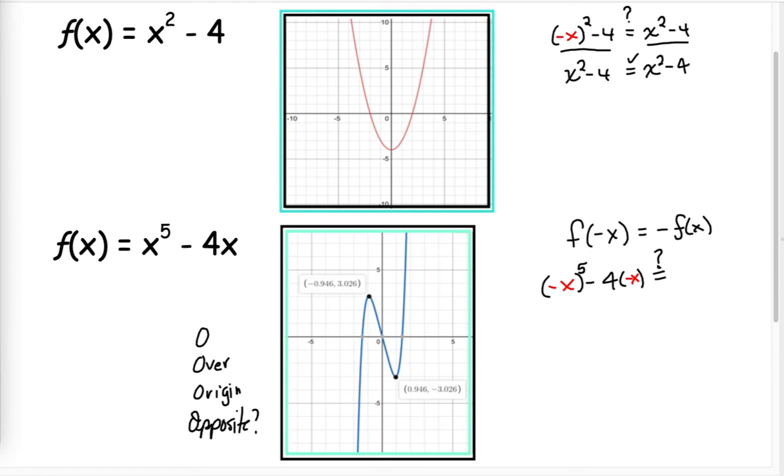And that should equal, when I'm done, the negation of the original function. Well, negative x to the fifth: we have to remember that anytime we raise a negative to an odd power, it is negative. Negative times negative is positive.